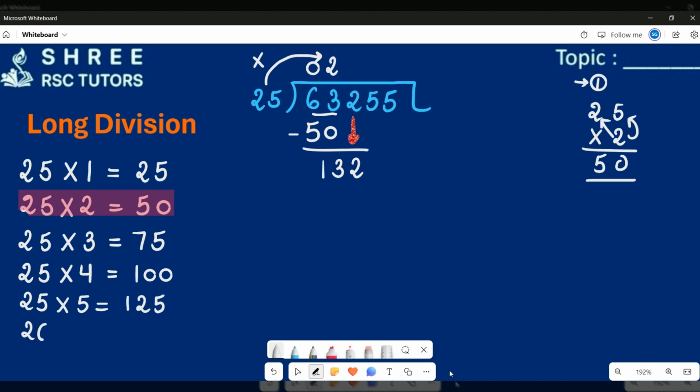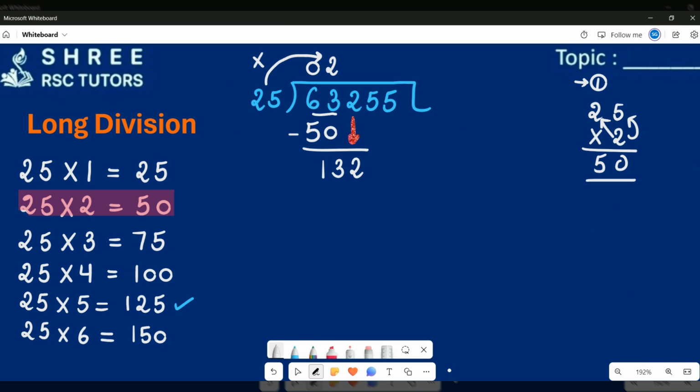Let me check the next one as well, just for confirmation. It's going to be 150. Oh yeah, that means I'm going to use 25 times 5 equals 125. So that means five 25s can go into that 132.